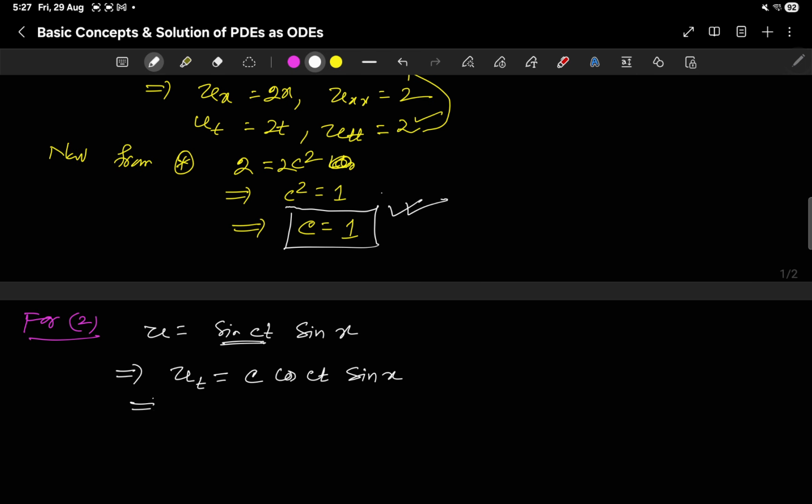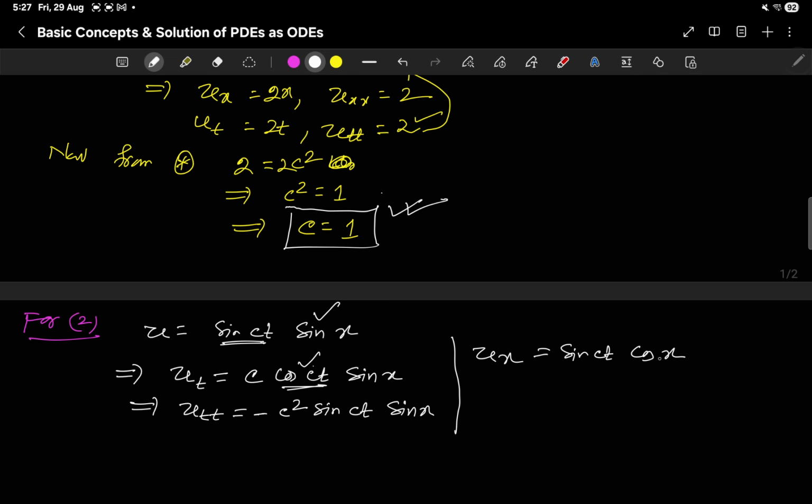And utt, again the derivative of cos is minus sin, and because of the chain rule another c is multiplied, so it is minus c square sin ct sin x. Likewise, what is my ux? sin ct is constant, the derivative of sin x is cos x, so it is sin ct cos x. Then what is my uxx?